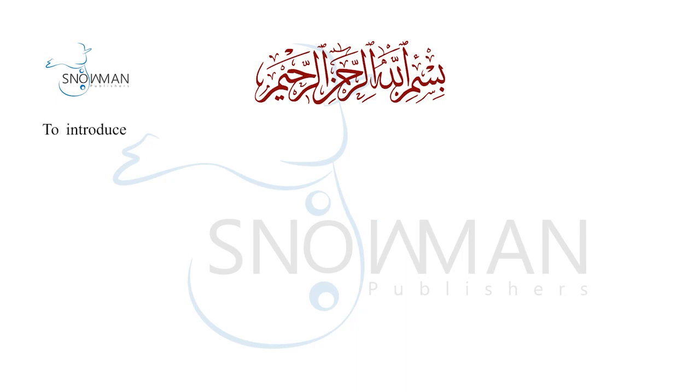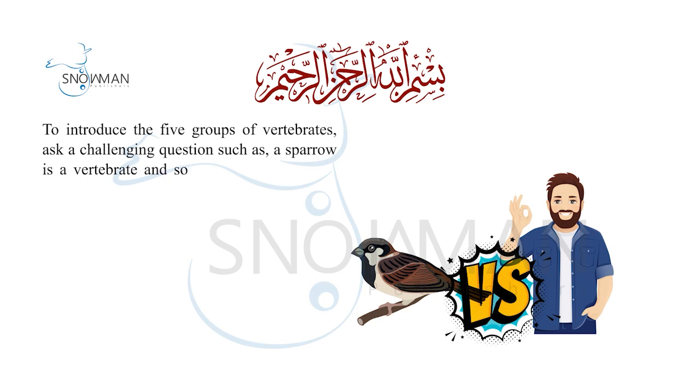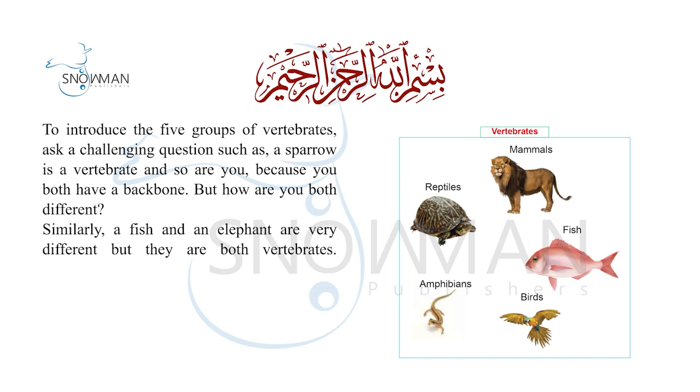To introduce the 5 groups of vertebrates, ask a challenging question such as, "A sparrow is a vertebrate and so are you because you both have a backbone, but how are you both different?" Similarly, a fish and an elephant are very different, but they are both vertebrates.